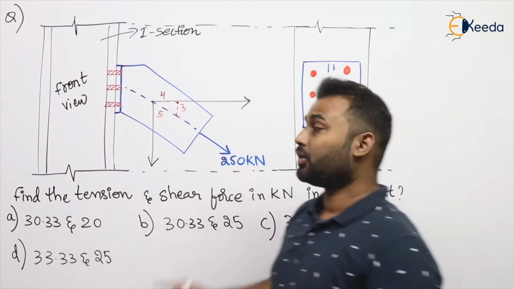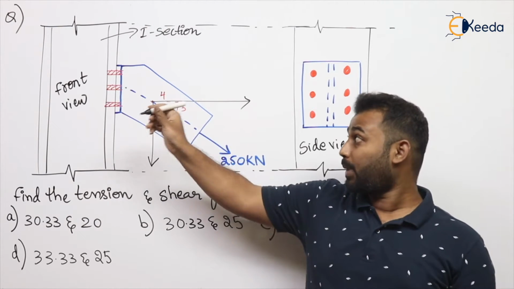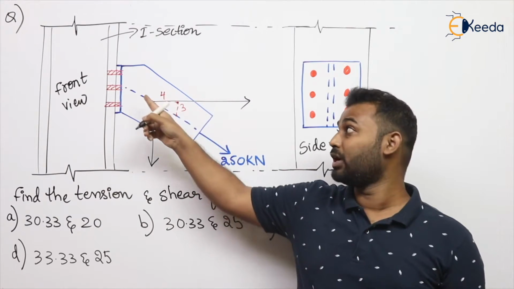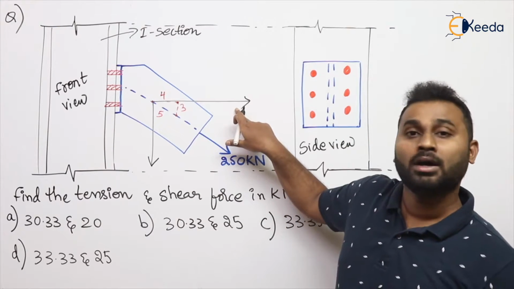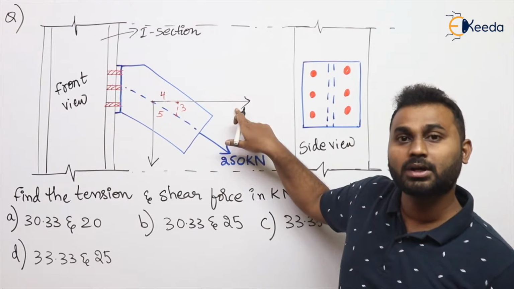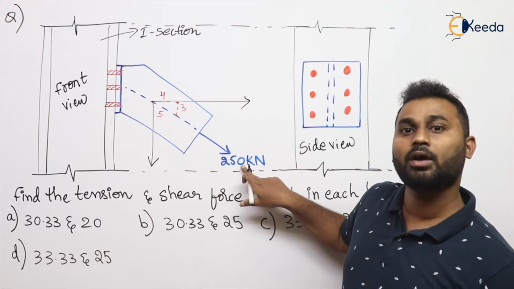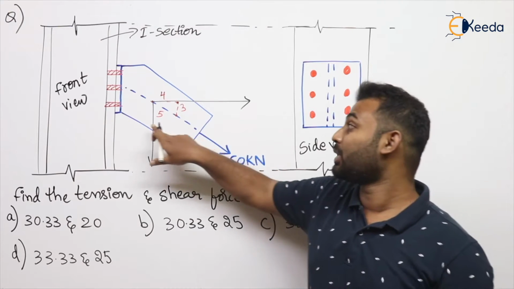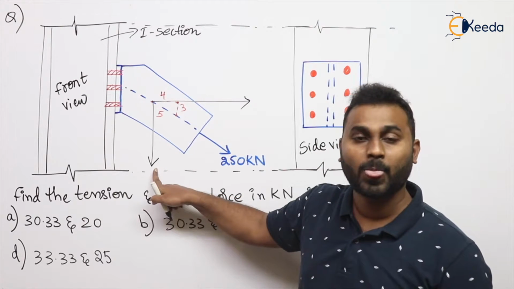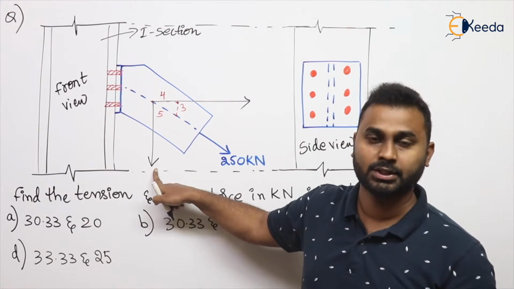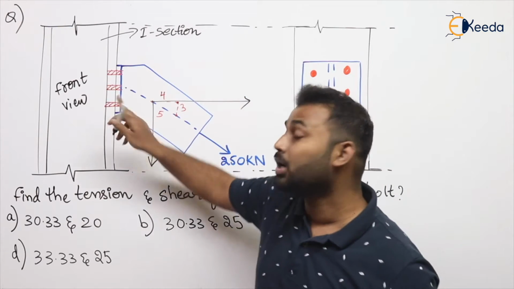Now this horizontal component of the load is normal, or perpendicular, to the bolt group, and this vertical component of the load is tangential, or parallel, to the bolt group.